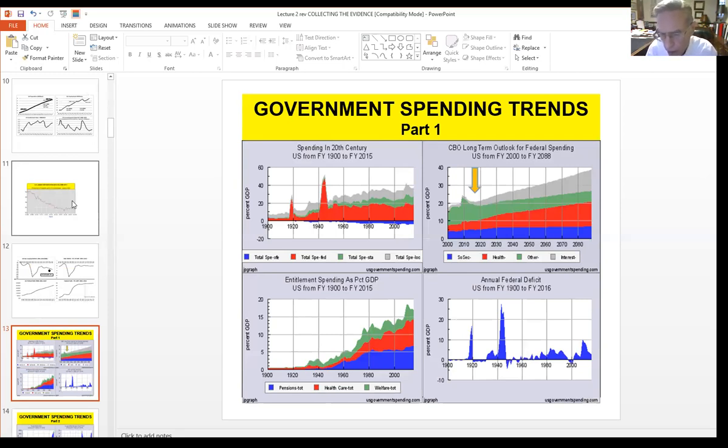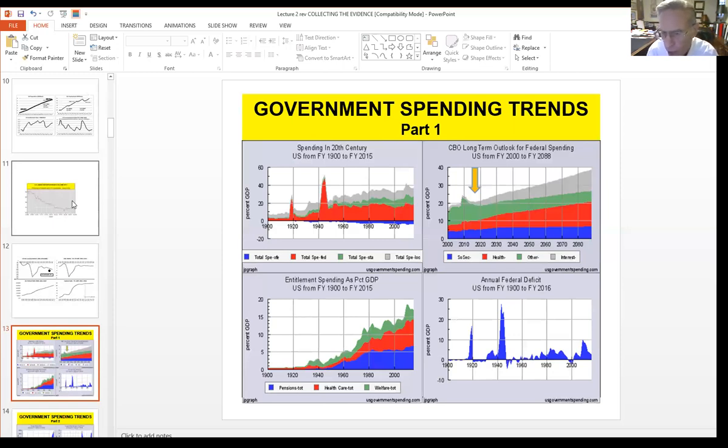And in any event, you can see that when we add all those things up in 2015, we're pushing 40% of the gross domestic product, about 20 for the federal and another 20 for state and local. Folks, that's a lot of spending. If you look at the upper right-hand chart, the yellow arrow points to where we are today.